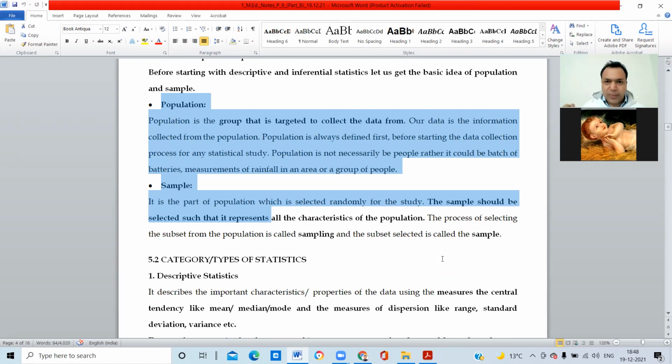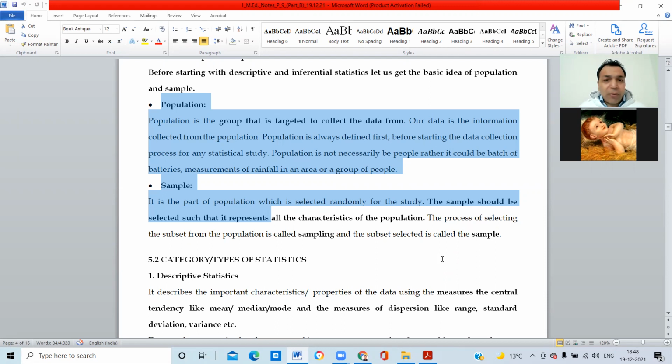They start the survey on the 5th of the month and after 20 days they give the answer, about whichever party, Congress, AAP, whatever.